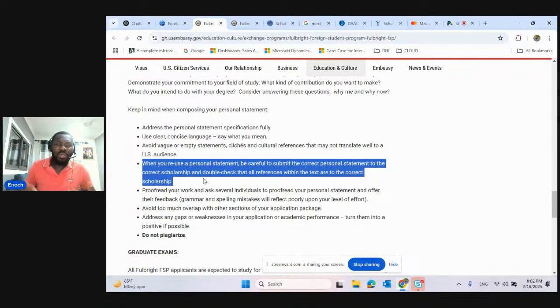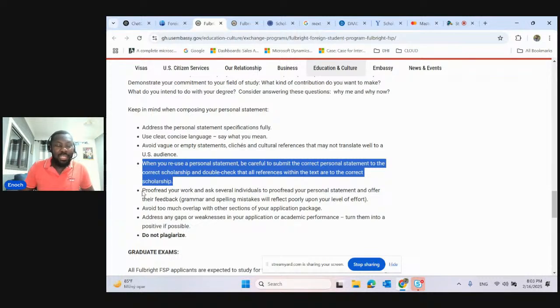I should make sure that, because it's a personal statement targeted towards a particular study area, if you have made any changes to the study program you want to apply to in this particular scholarship, you modify your existing personal statement to reflect the changes, so that it's not a generic statement of purpose, a personal statement for every application. It will not sit well with the admission committee, and it will not work in your best interest.